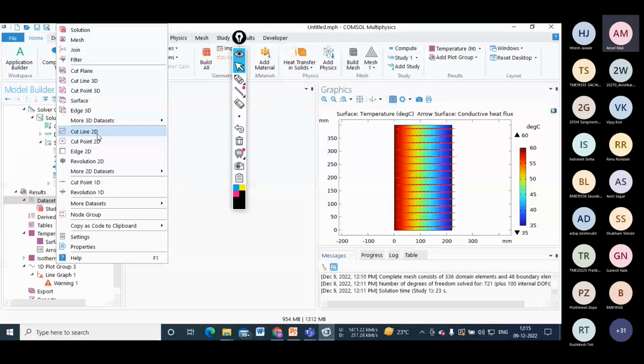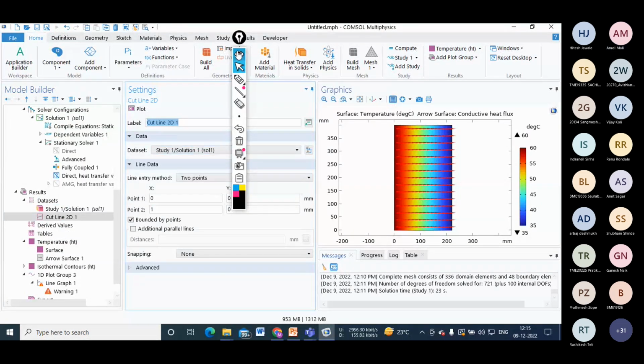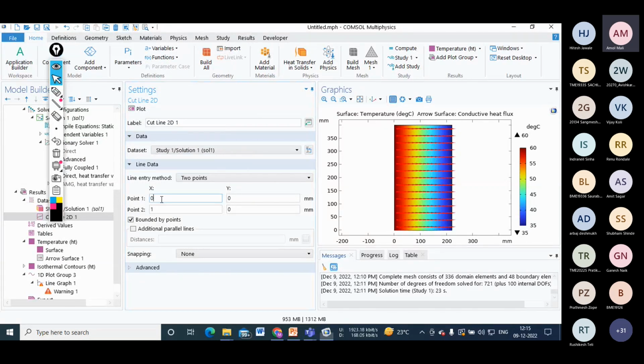Data set, cut line 2D. First point x axis will be 0, y will be the height, 200 mm, then x we are shifting to 220, meaning the thickness is 220, and height will be 200.